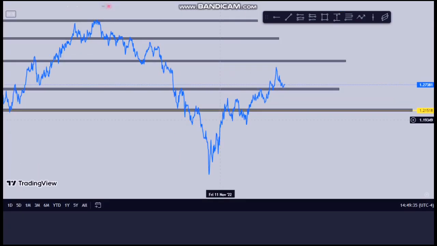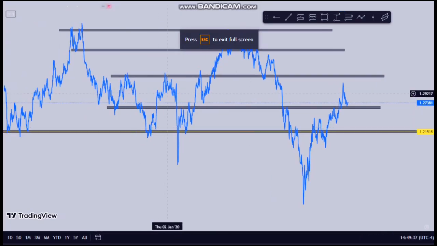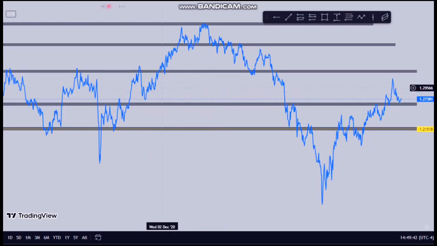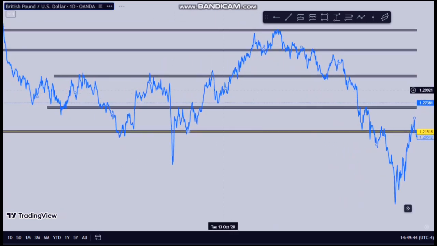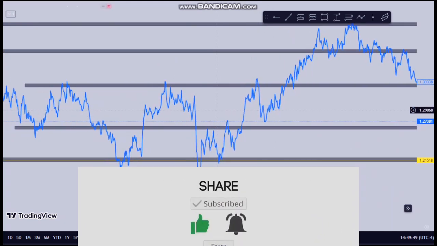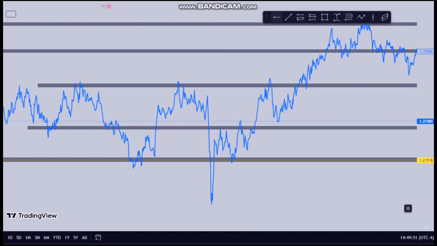On the daily, it's really crazy over here. I'm still trying to look back and see whether I can dig up something from here. Let's use a line. We have a resistance area at this point.